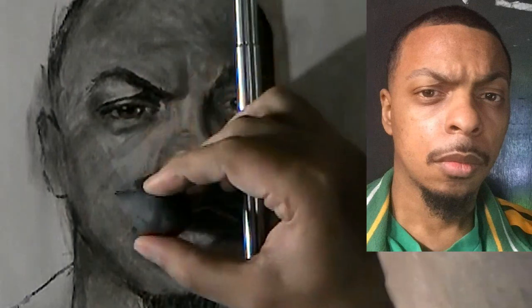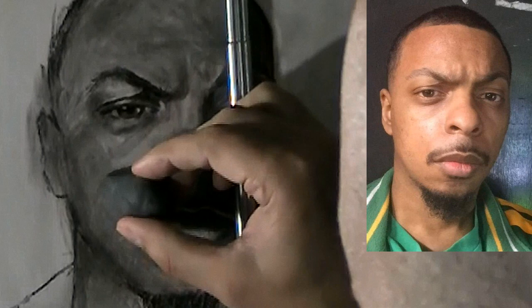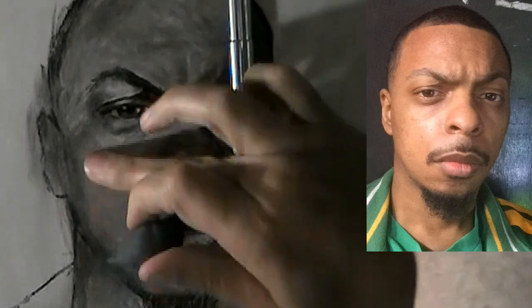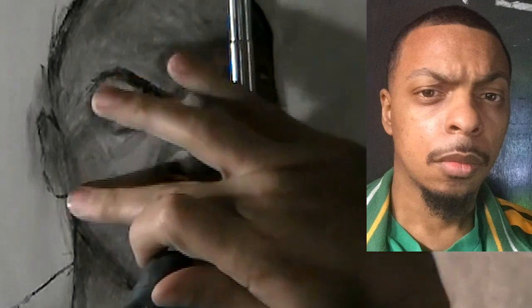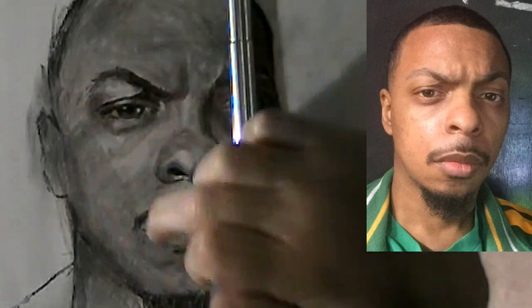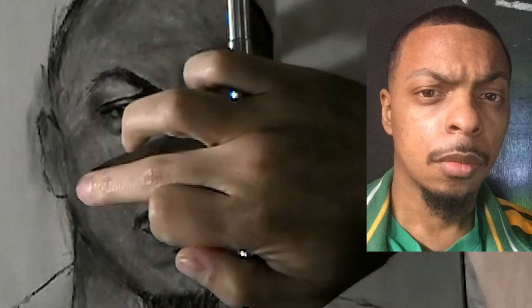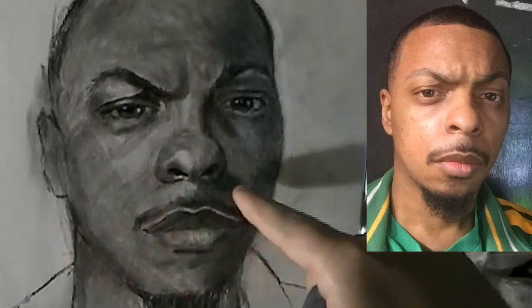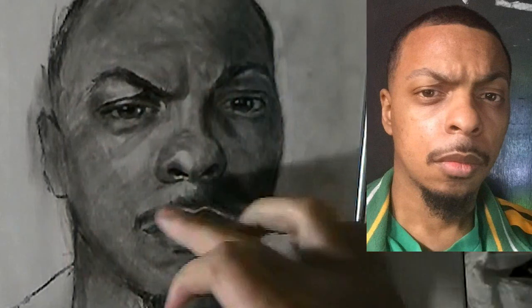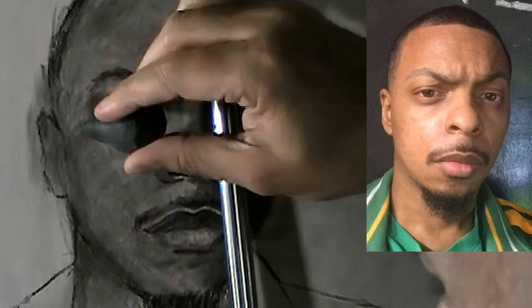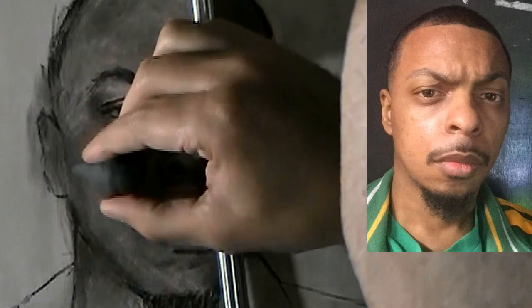And as I'm squinting, I'm seeing we're definitely accomplishing that. See, now these two values are a lot closer together. You can still see it's darker here than it is here, but look, very different than how we had it before.